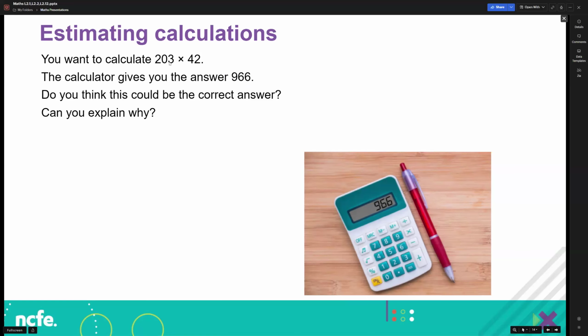So 200 times 5 is 1,000. This is 966. So 200 times 5 is greater than this. 203 times 42 is way greater than this. Significantly greater than this.